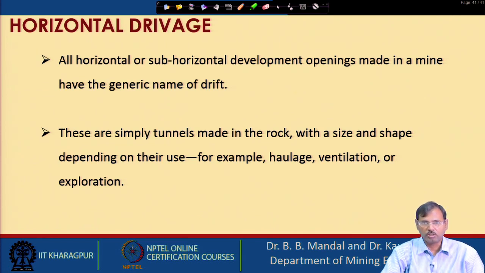So, the cross cuts are basically the connections between the shaft to the ore body, and drift are the opening parallel to the ore body, but made in the waste rock. Drive is the horizontal opening along the ore body along its strike direction, and these are the different names considered for the horizontal openings.